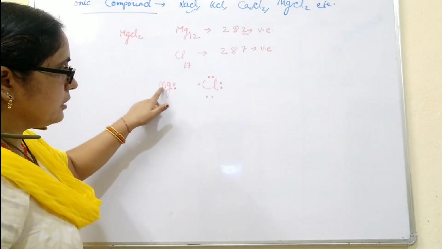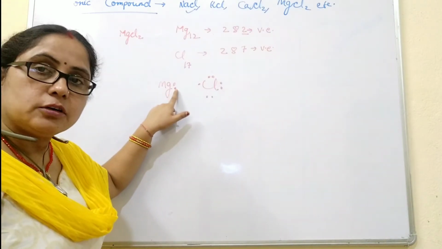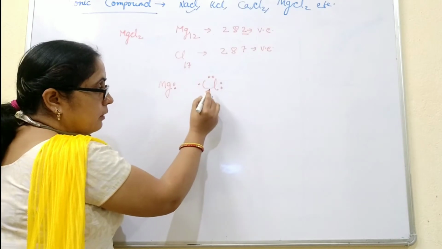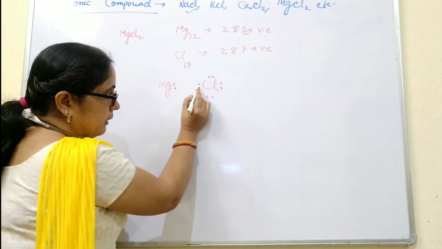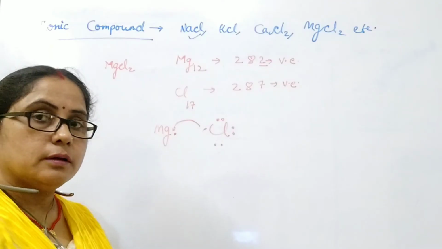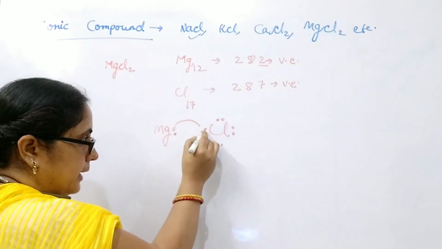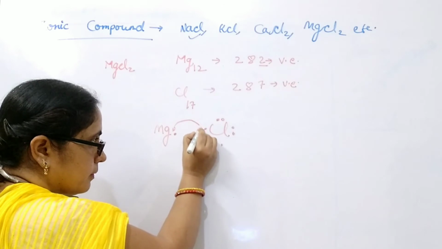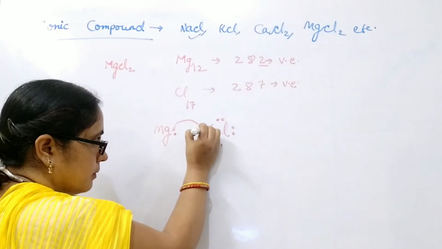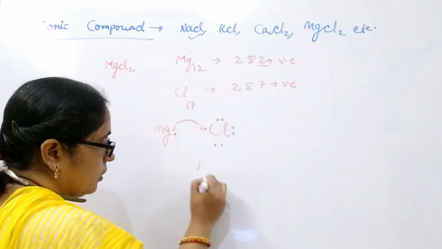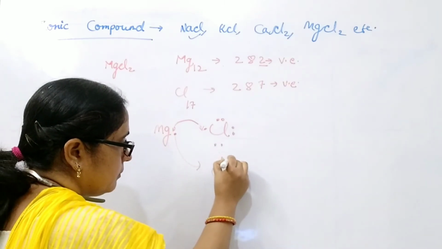Now here magnesium has 2 electrons in its outermost shell, so it loses 2 electrons, but one chlorine atom needs only 1 electron. Therefore, magnesium gives 1 electron to one chlorine atom and 1 more electron to another chlorine atom.